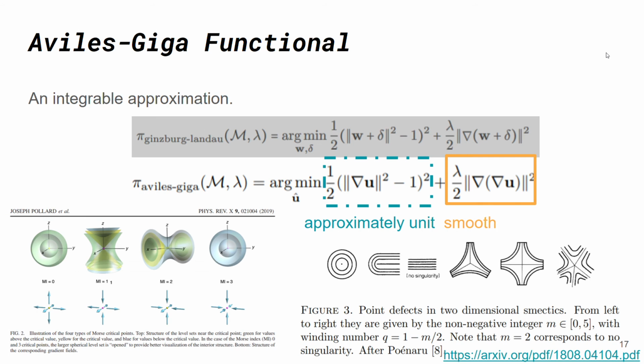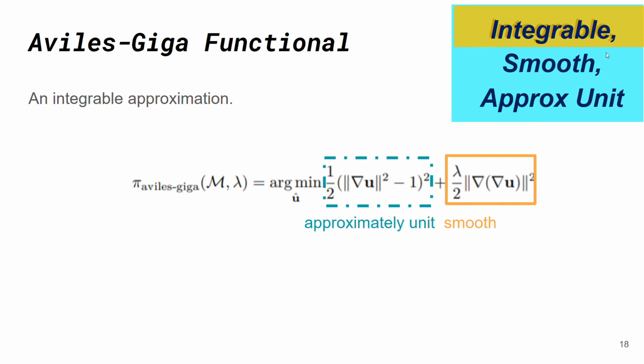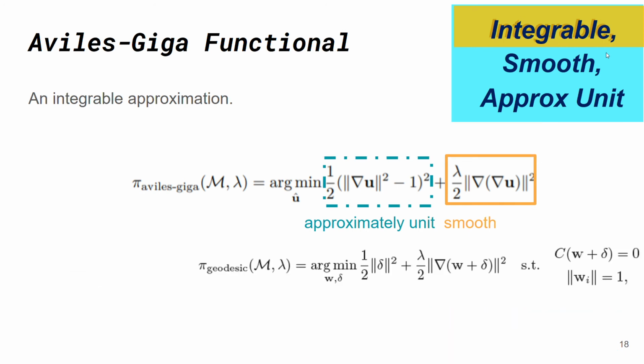And this is why this functional was originally studied in the liquid crystal literature. Okay, so we added an integrability constraint. Well, it turns out that this Aviles-Giga functional is very similar to this third integrable projection that we presented just a few slides ago.